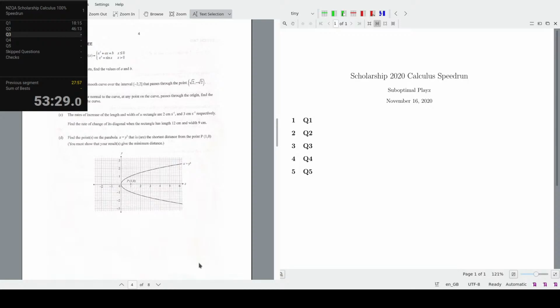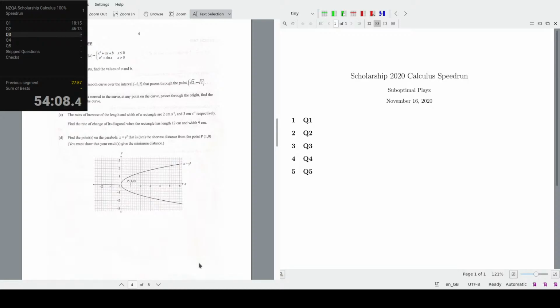It's the negative because the curve is smooth. So y can't alternate, and y is negative at x equals root 2. So the final answer is y is equal to negative square root of 4 minus x squared.